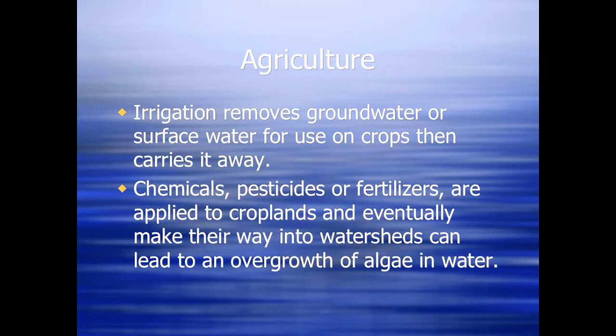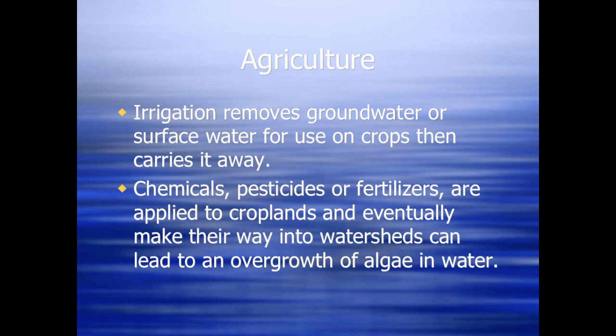So agriculture. Irrigation removes groundwater or surface water that can be used for crops to carry it away. Many farmers use chemicals, pesticides, and fertilizers when they're applying them to their crops, and eventually that can lead into the watershed, and it can also cause an overgrowth of algae in the water.